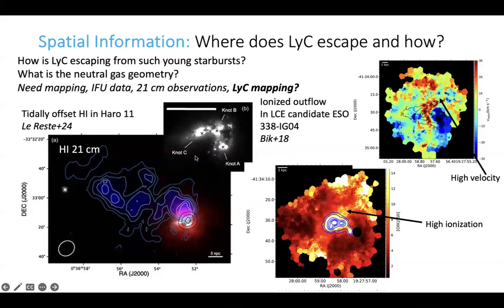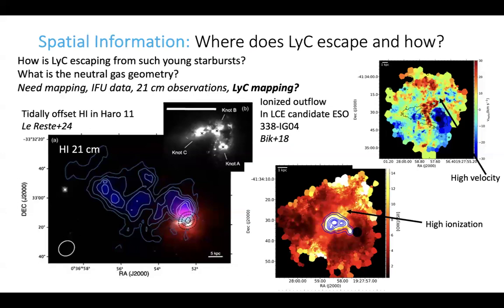That outflow is also associated with this yellow region here that traces high ionization gas. So you're seeing a highly ionized channel coming out from this starburst that could be the outflow, an ionized outflow. That's the region where Lyman Continuum photons are escaping. So this would be a way of connecting that driving mechanism, connecting feedback to the escape of ionizing radiation.